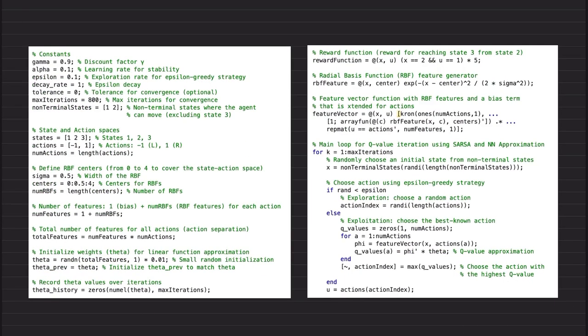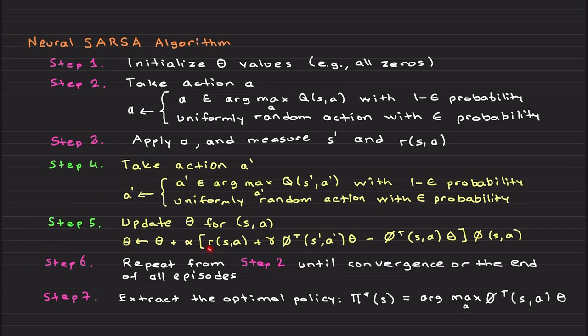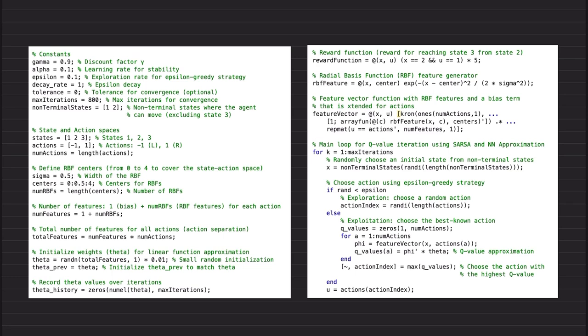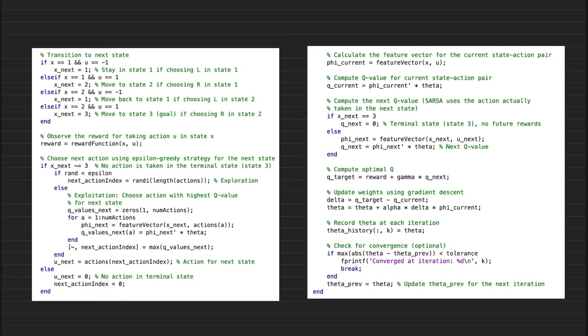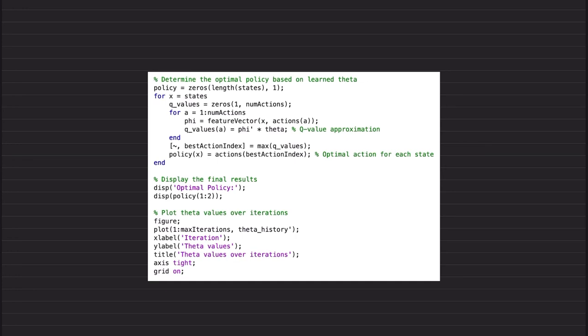If you go back to here, I'm calculating Q target, what I called in the code, and Q current, and then multiplied by phi, which is done. Theta is theta plus alpha multiplied by this. And this is a little bit longer, right? Since I need to calculate A prime again, and this is determining the optimal policy and displaying the figure and the final results.